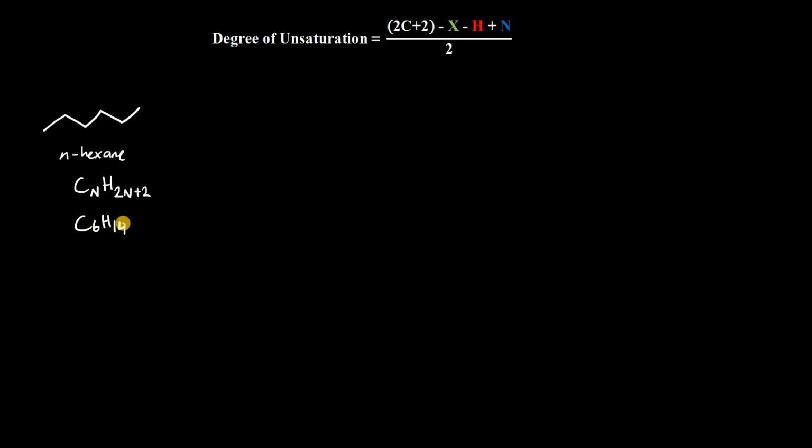We should have 6 carbons and 14 hydrogens. On these terminal methyl groups, we should have 3 hydrogens. And at all secondary carbons, we don't see any double bonds, so we would have 2 hydrogens at all 4 of these carbons.